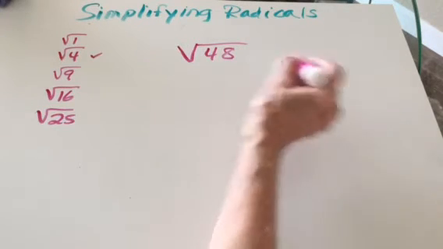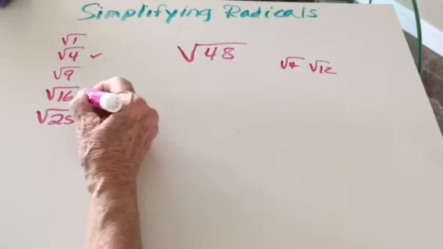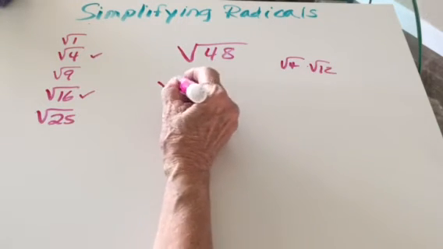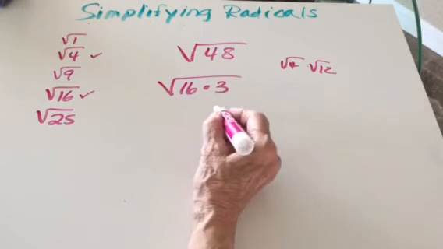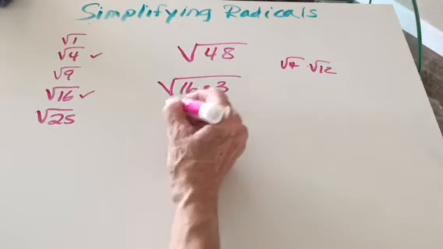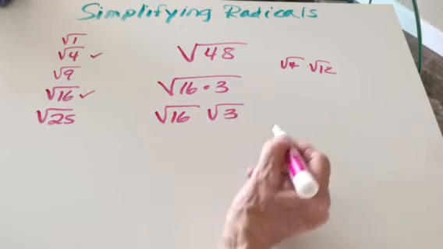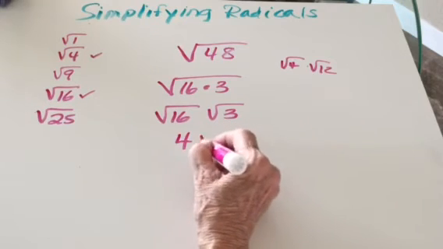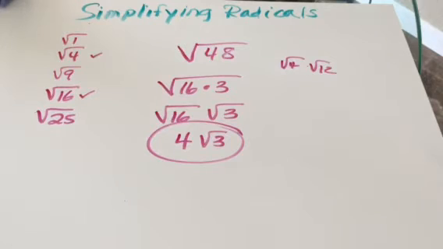And that we can do. But there's even a bigger one. You might not know that. It's 16. 48 is the same as 16 times 3. Check it out on your calculator and see. Which equals radical 16 times radical 3, which equals 4 radical 3. That's the answer.